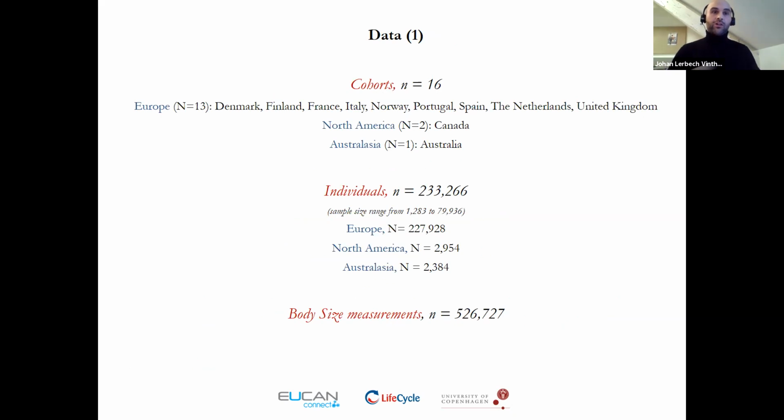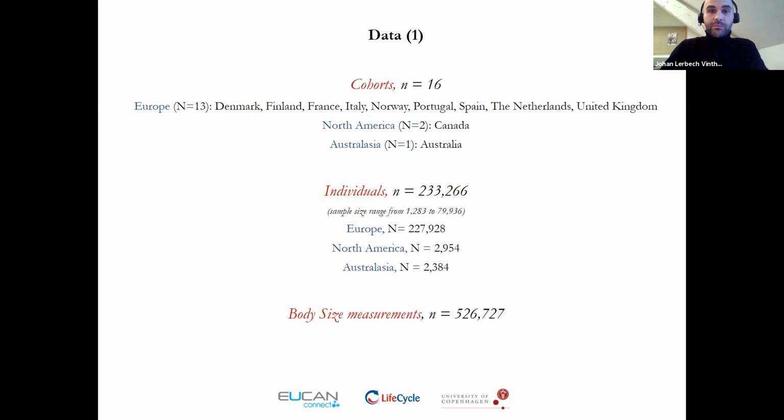But briefly I will mention, as Angela said, I have cohorts from Europe, 13 as you see, from Northern Europe and from Central and Southern Europe, and I have two cohorts from Canada and one cohort from Australia, and in total I have included 233,266 children in the study.